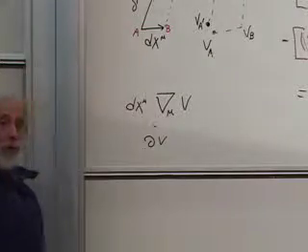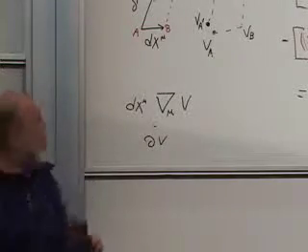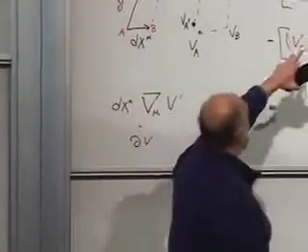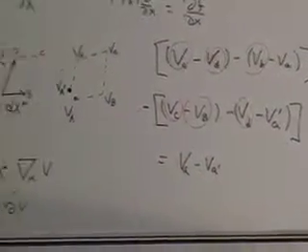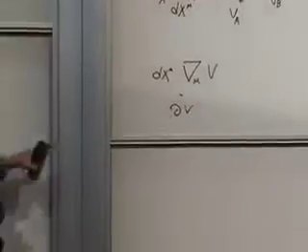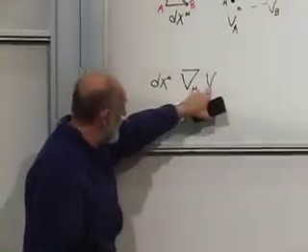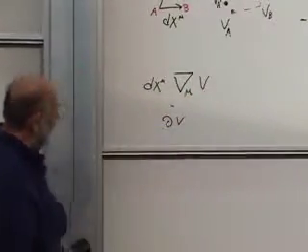Because we're not just doing ordinary derivatives, we're parallel transporting and taking the covariant derivative, the covariant difference between these. So the covariant difference between these is the covariant derivative of V times dx^μ.